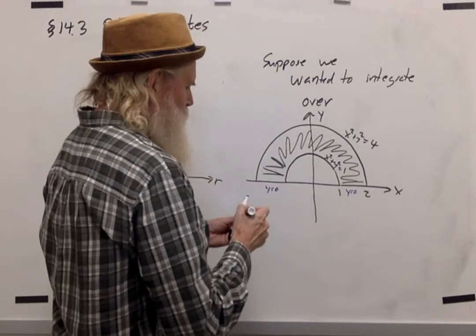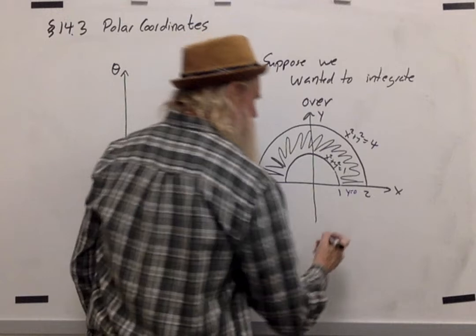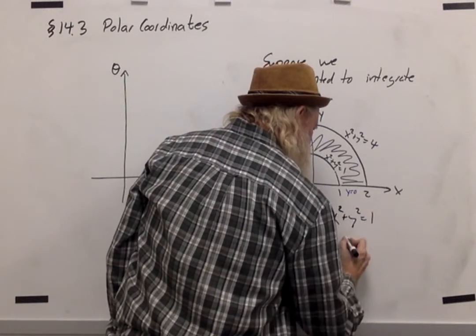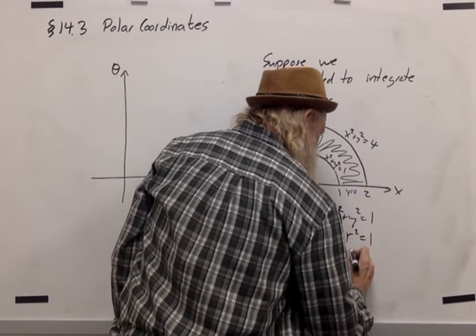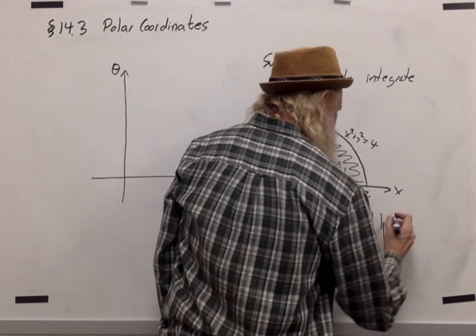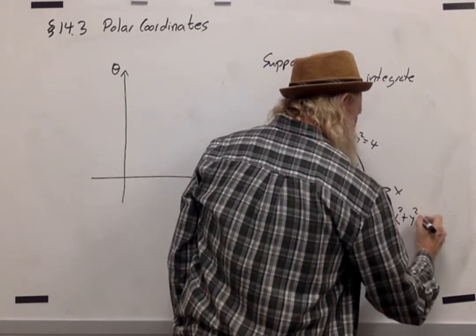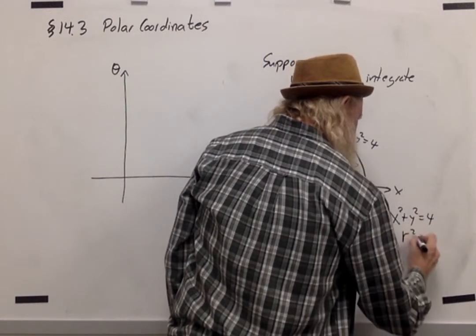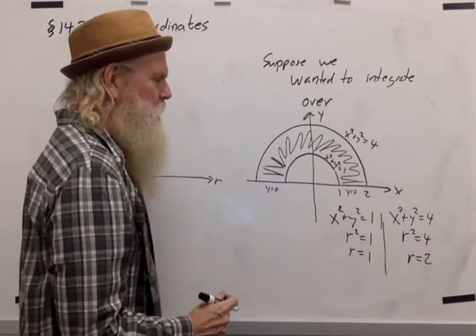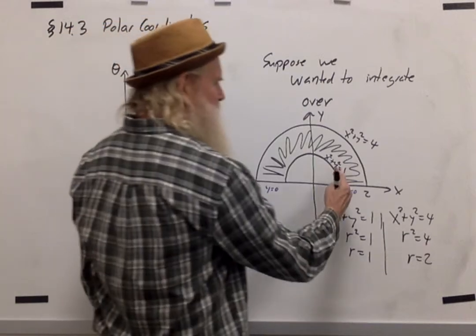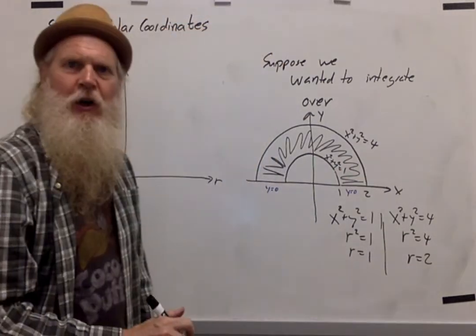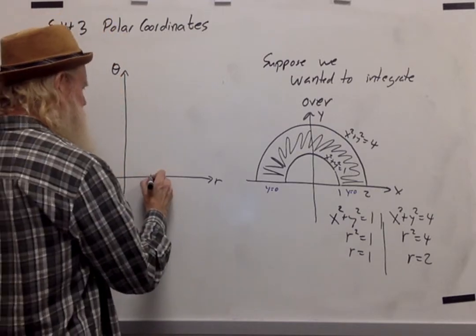Let's convert the circle equations into polar coordinates. X squared plus y squared equals 1 is the same as r squared equals 1. So r equals 1. X squared plus y squared equals 4 is the same as r squared equals 4. So r equals 2. So notice that if I'm staying between the two circles, then r is staying between r equals 1 and r equals 2.